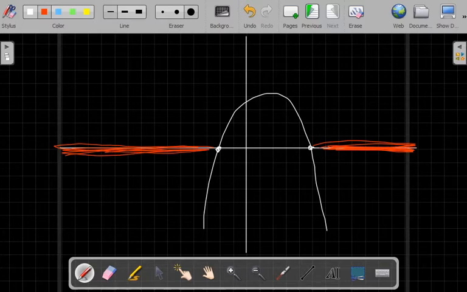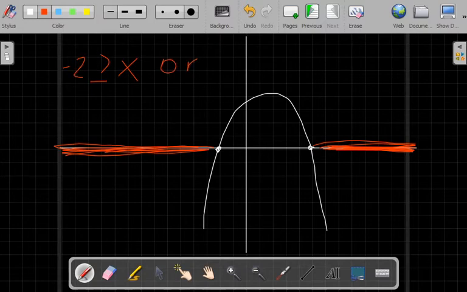So if we were to write that out, we would have this right here. We would say that x has to be less than or equal to negative 2, right?